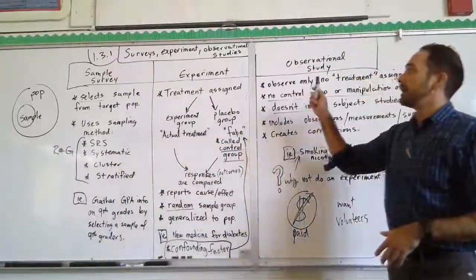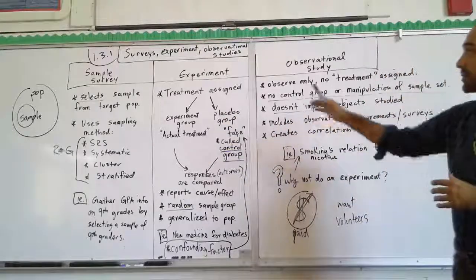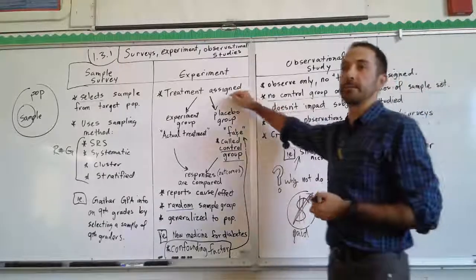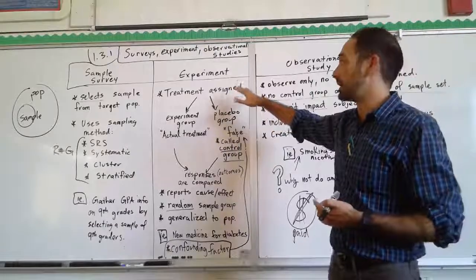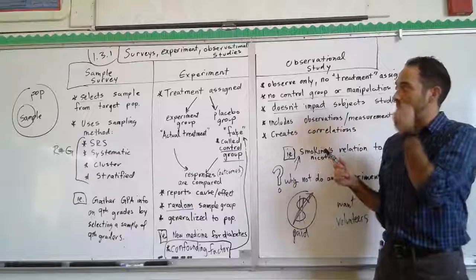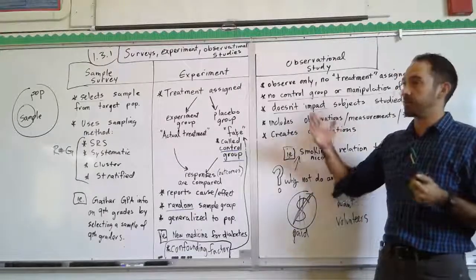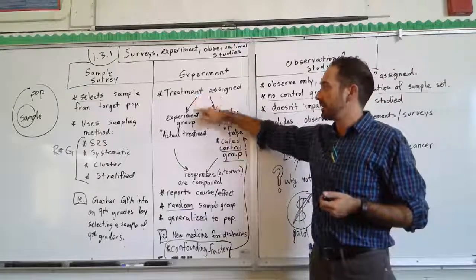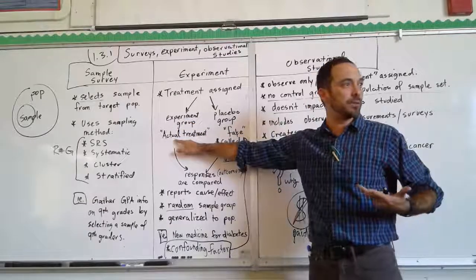Between these two, if I'm asked to identify which one a study is following, I first go to experiment, because there's some real specific things with experiment that we are going to use to figure out if it's an experiment. So this is very similar to what you might see in a science class, except for when we have human subjects. The treatment is assigned either to the experiment group, where they actually receive the treatment, or to the placebo group.